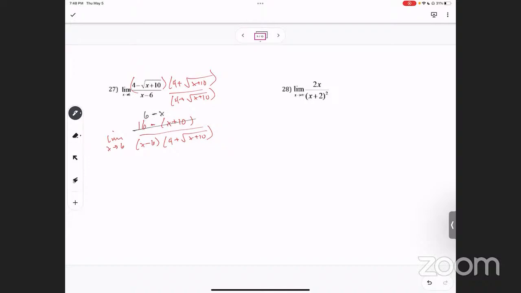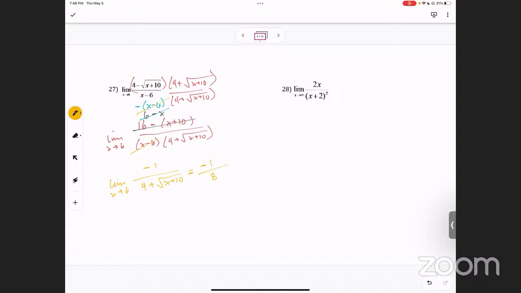Which equals negative x minus 6. Sorry, negative x plus 6. Yeah, that cancels out, so you're left with -1 over all of that. And what's that equal? 4 plus 4 is 8, so -1/8. Yeah, we did do that one.